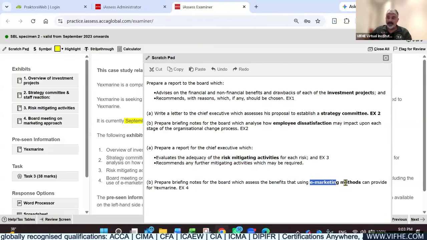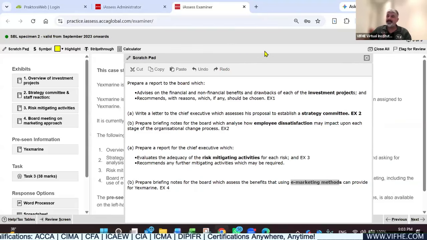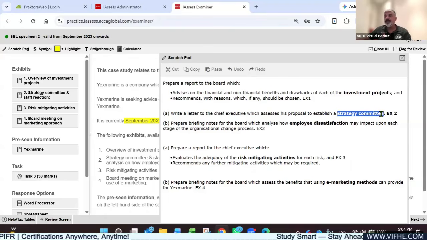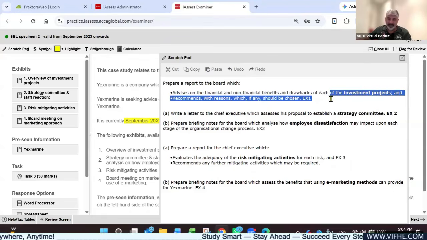If you have solved 3, 4 marketing questions in your practice sessions, this will be easy for you. If you have solved board committee or strategy questions, it will be easy for you. For some of you, investment projects or proposals are easy. So it all depends. If you have done enough past paper practice, then you know your strength areas and weak areas.